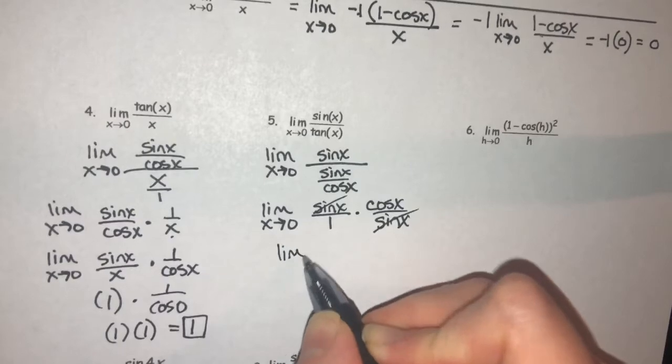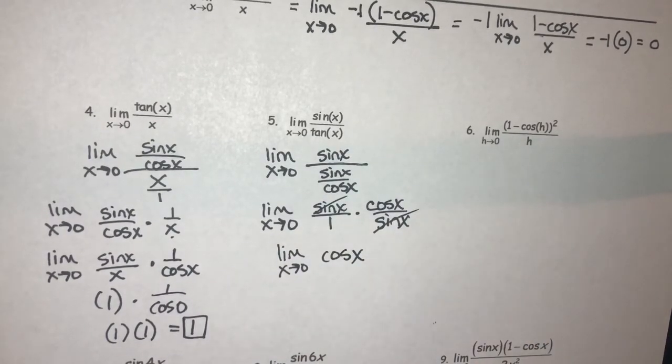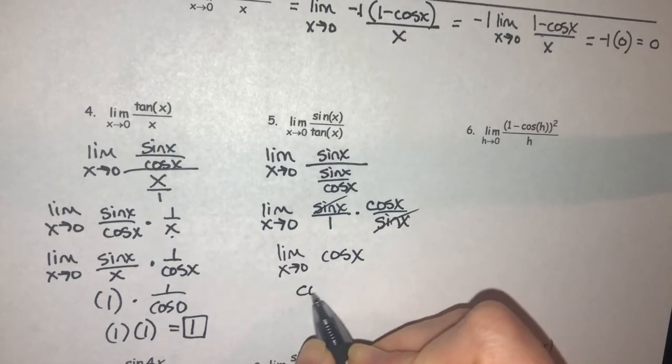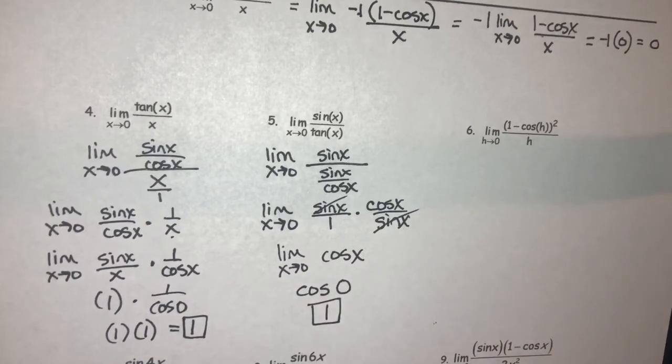And now I have the limit as x approaches 0 of the cosine of x. And that is a direct substitution problem. Cosine of 0 is equal to 1.